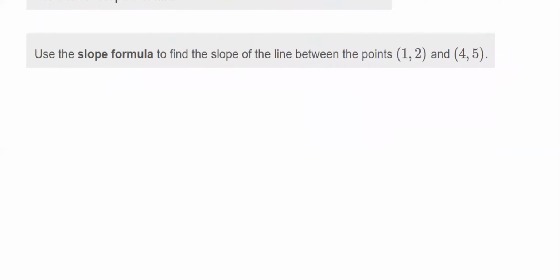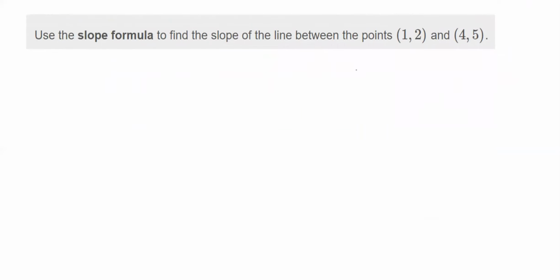So use the slope formula to find the slope of the line between the 2 points, 1, 2 and 4, 5. All right, now we are not given the graph, but we are given the points. You could choose any one to be x1, y1. You have 2 points, that's why we have a different notation. It's simply x, y, but if I have 2 x, y's, then I have confusion, right?